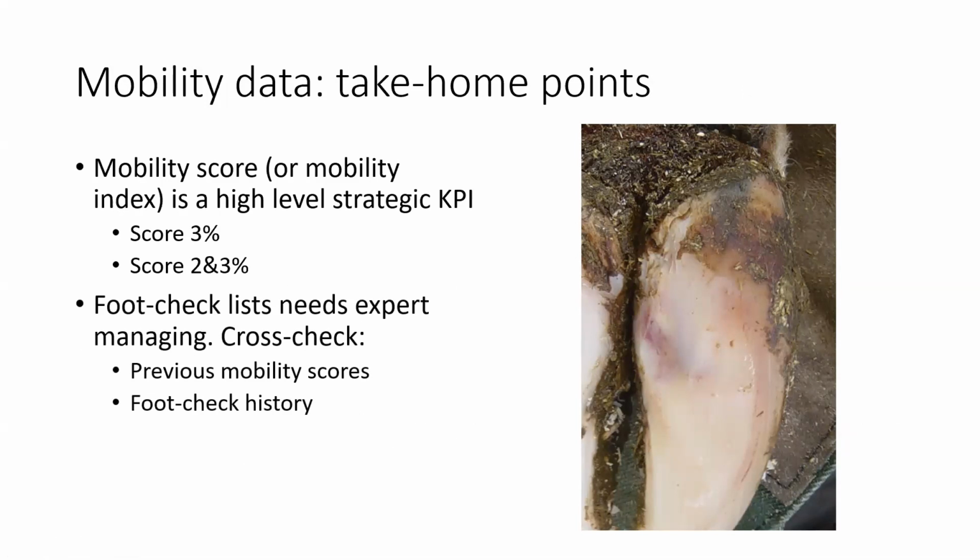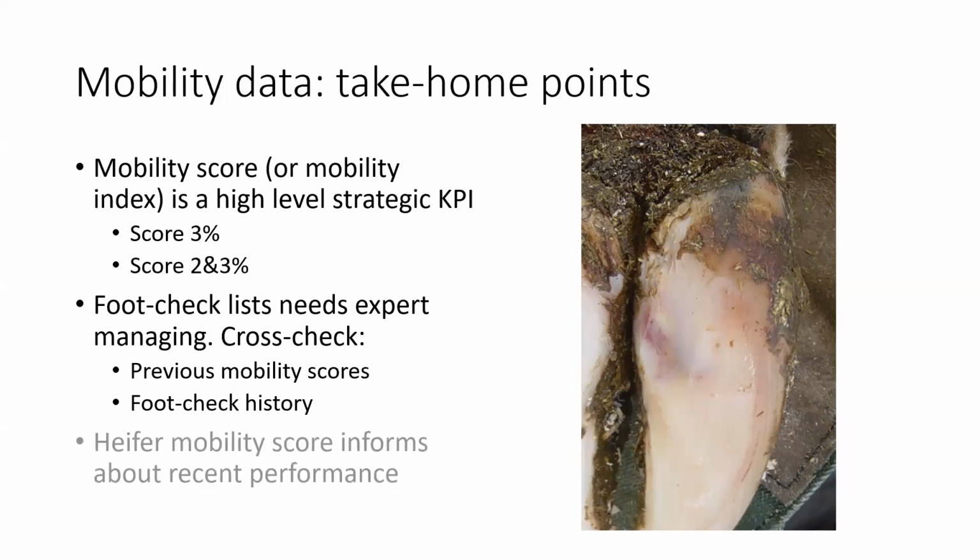And if we use the mobility scores on a frequent basis, and I would say every 1 to 2 weeks, to really make it work best, and then maybe a really good formalized score once a month. But if we use our foot check data to drive our trim lists or our foot check lists, that takes some skill and some expert managing, and ideally would involve cross-checking with previous mobility scores and previous treatments in the foot crush.